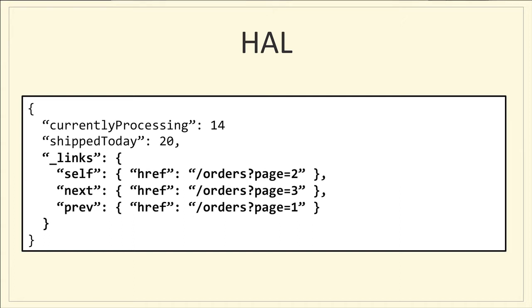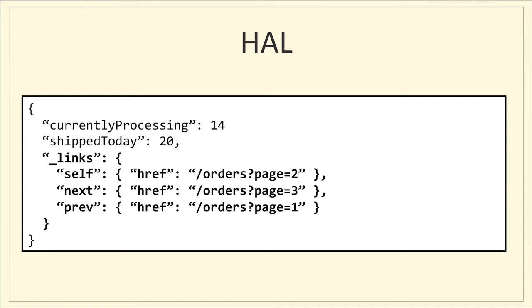Okay. Now we have a few JSON-based hypermedia types. This one's HAL. HAL is really suited towards augmenting your existing API. So if you have a JSON message out there, adding this _links to your existing JSON message, which will hopefully not collide with an existing _links property you have in your JSON object, can start adding some of those hypermedia elements.